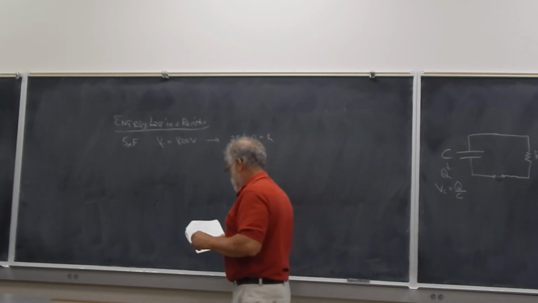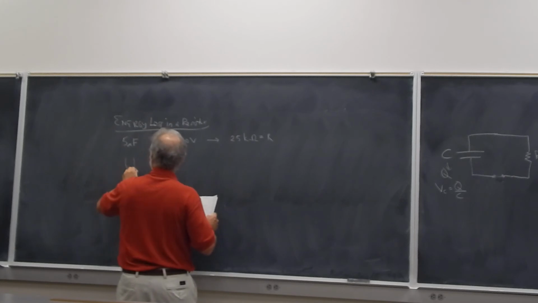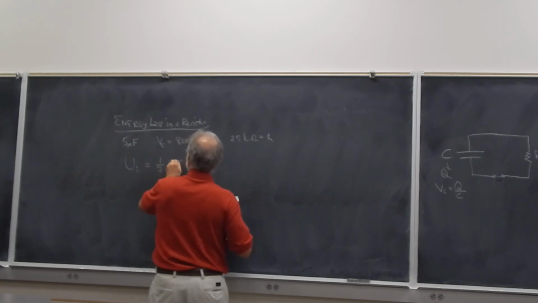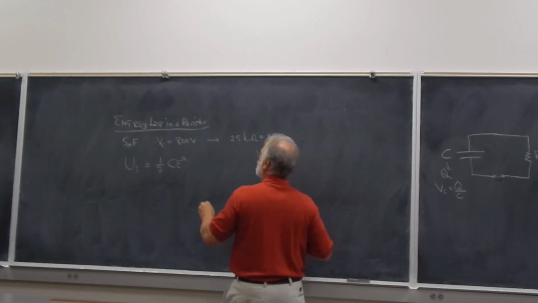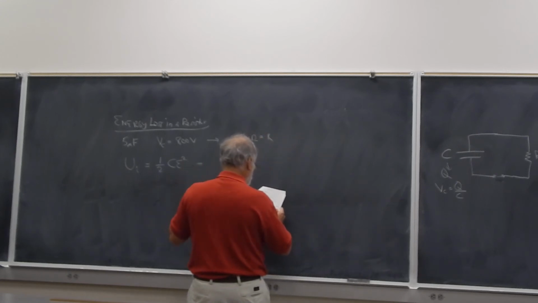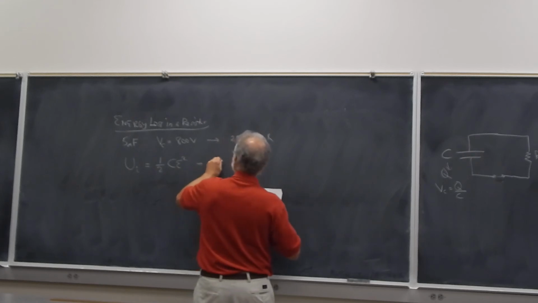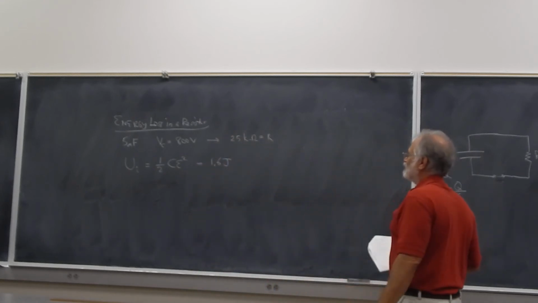The simple method is to say, well, when I begin, my initial energy is going to be equal to 1/2 C E squared, or 1/2 C V squared in this case. If I put my numbers in, that'll be 1.6 joules, because I have 5 microfarads and 800 volts.